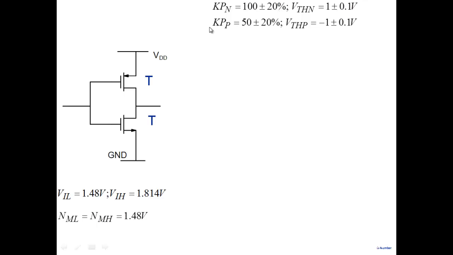KP has a nominal value of 50, and it can also vary plus or minus 20%. The threshold voltage, let's say, can vary plus or minus 0.1, and similarly 0.1 here. On that basis, we can calculate what would be a fast transistor. A fast NMOS would have KPN of 120 and VTHN of 0.9. So that would be a fast NMOS.